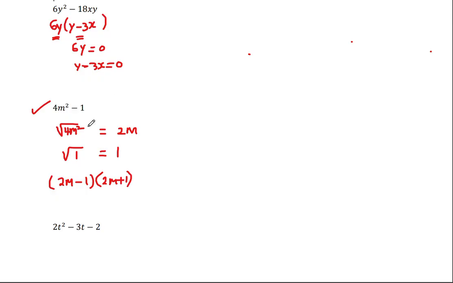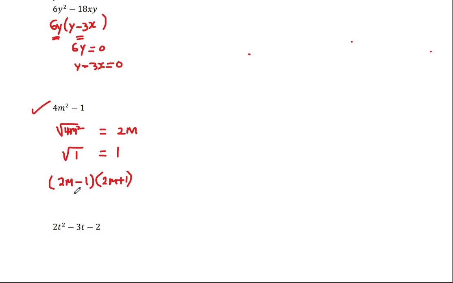To do that, we simply take the square root of both terms. The square root of 4m squared, the variable component, gives us 2m, and the square root of positive 1 gives us 1.